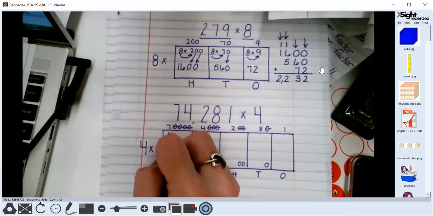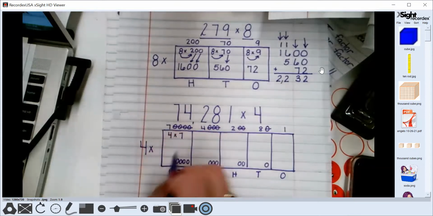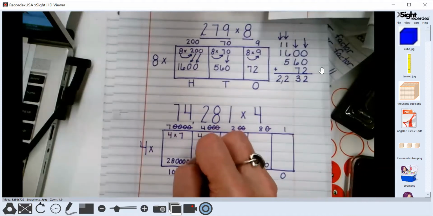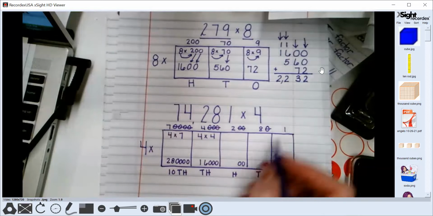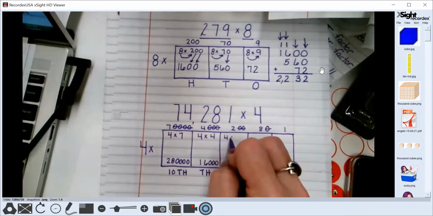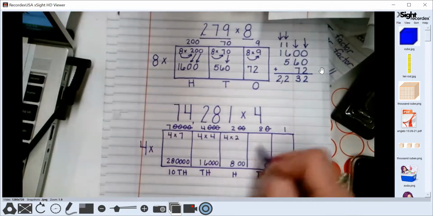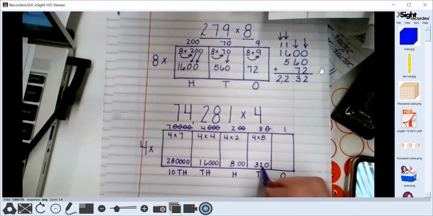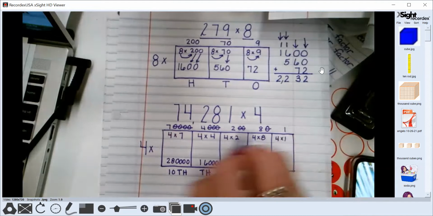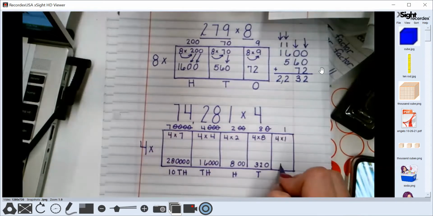So I've got 4 times 7, which is 28. Then I have 4 times 4, which is 16. I already have my zeros there. Then I have 4 times 2, which is 8. I have 4 times 8, which is 32. And I have 4 times 1, which is 4.